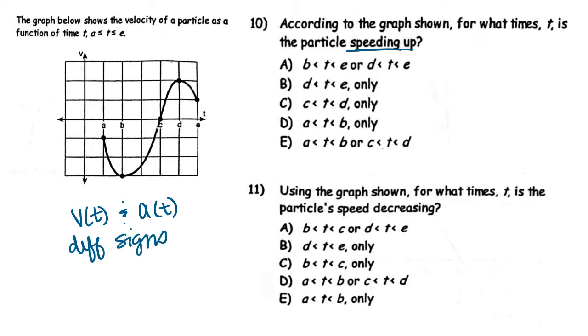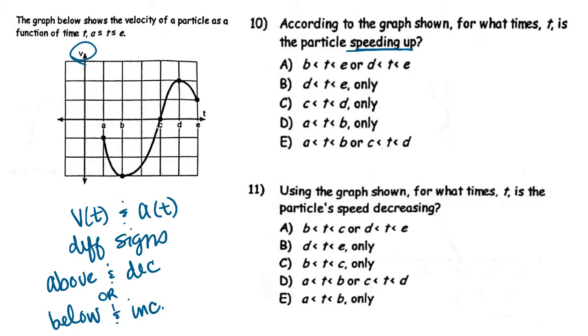And so again, if you're given the velocity graph, which you are, then you're going to be looking where you are above and decreasing, or you are below and increasing, because then we know that velocity is positive, acceleration is negative, or the other way around, velocity is negative and acceleration is positive.